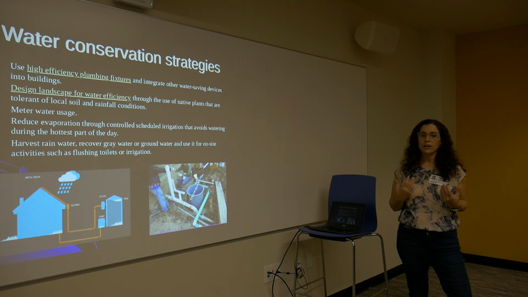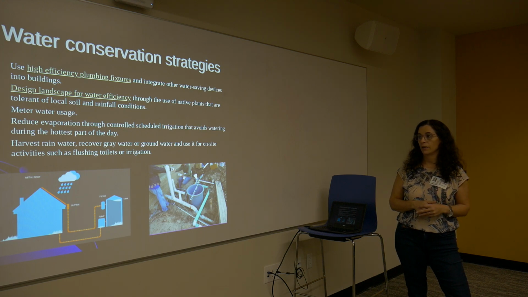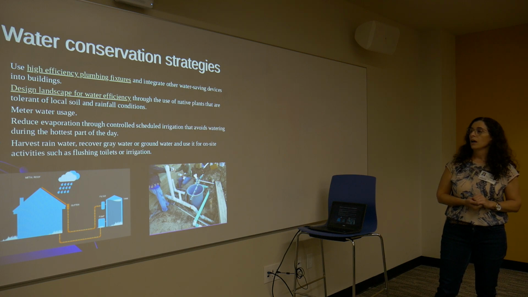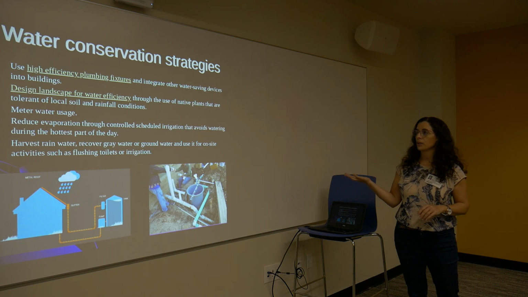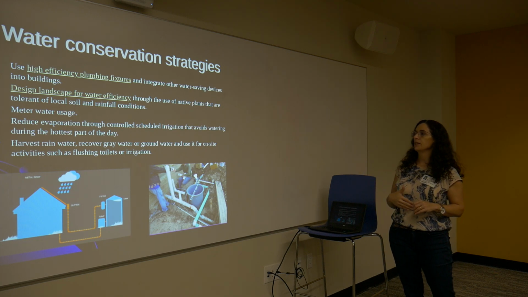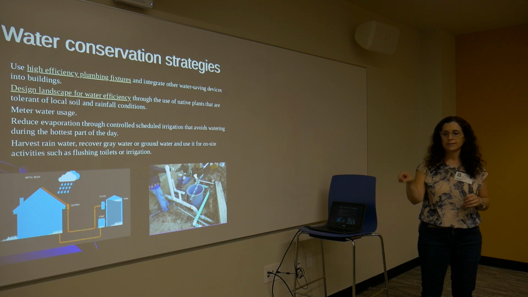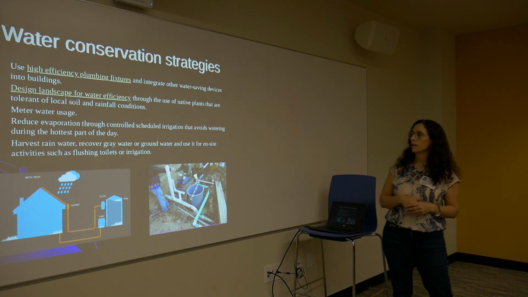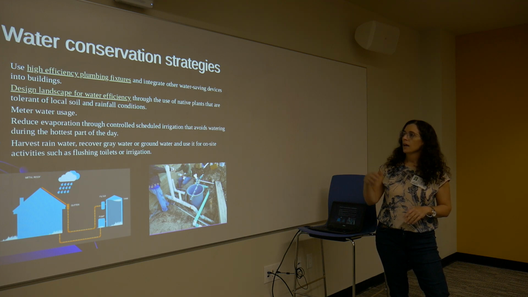But in some other areas, there is a lot of concern, and they are doing their best to try to save water. So one thing that you can use is high efficiency plumbing fixtures and water saving devices, like those toilets where you can press one button or the other, depending on how you use it.